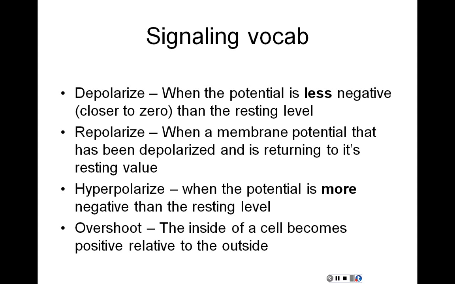Hyperpolarizing is when the potential is more negative, so -70, -80, -90. Overshooting is when the inside of the cell becomes positive relative to the outside, so if we go -70, -60, -50, and on to 0, +10, +20, +30, we're overshooting.